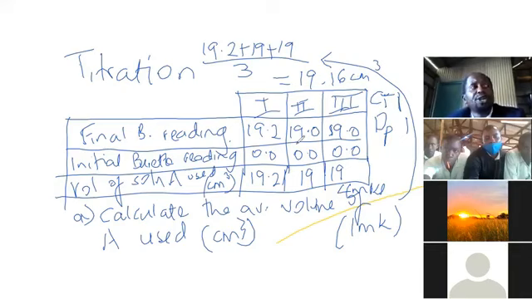We overlook use of decimals for a 0 reading at the initial burette reading. So if you write just 0 or 0.00 or 0.0, that one we overlook, for the second row only.